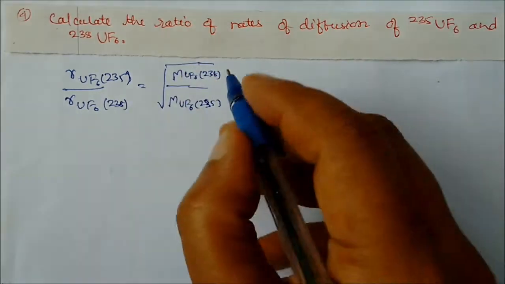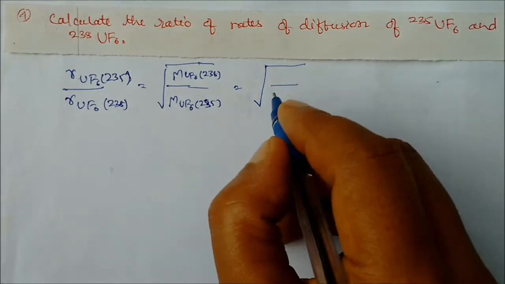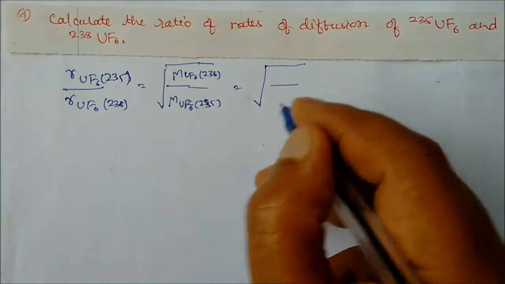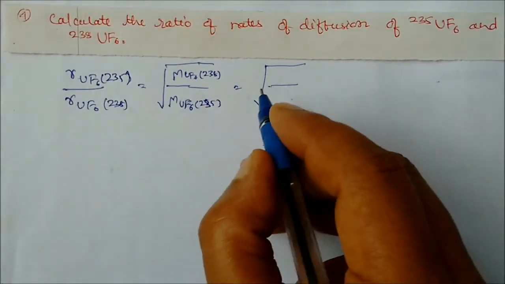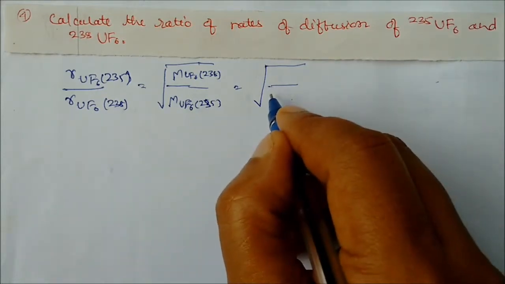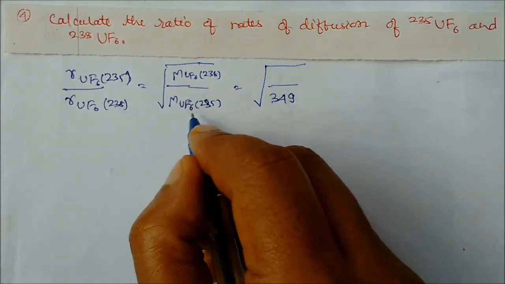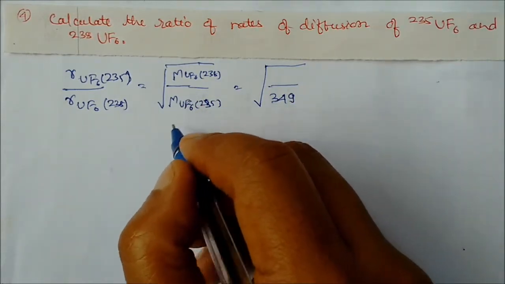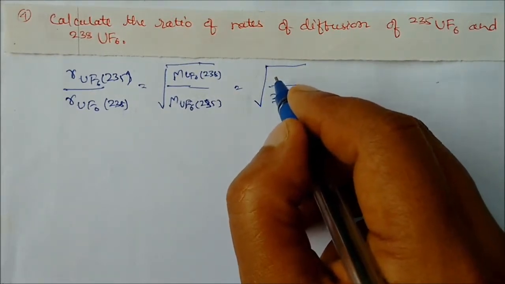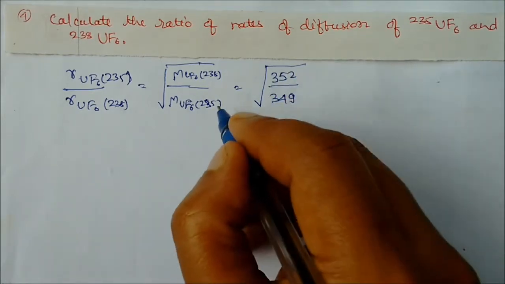So we'll get the molecular masses; we already know that. For UF6, fluorine is 19, and there are 6 fluorines. So the molar mass of U is 235 plus 6 into 19, and similarly we calculate the other. This comes to 352 and 349, because here there is 5 and here 8.